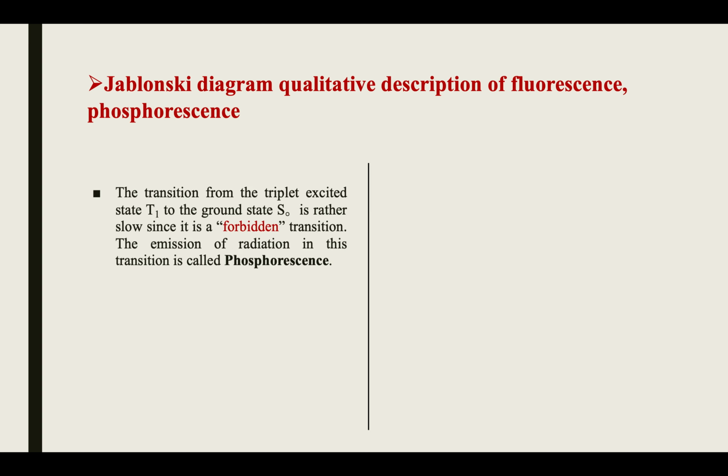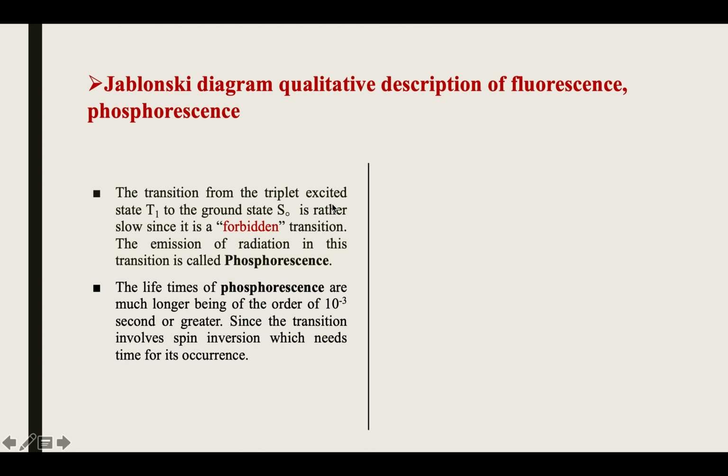So the transition from triplet excited state T1 to the ground state S0 is rather slow since it is a forbidden transition. The emission of radiation in this transition is called phosphorescence. The lifetime of phosphorescence is much longer, in the order of 10 to the power minus 3 second or greater.